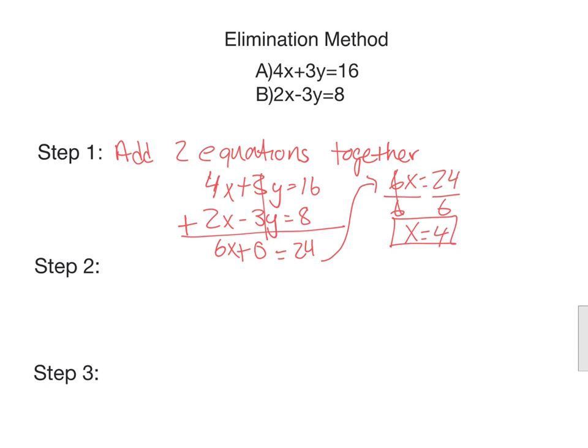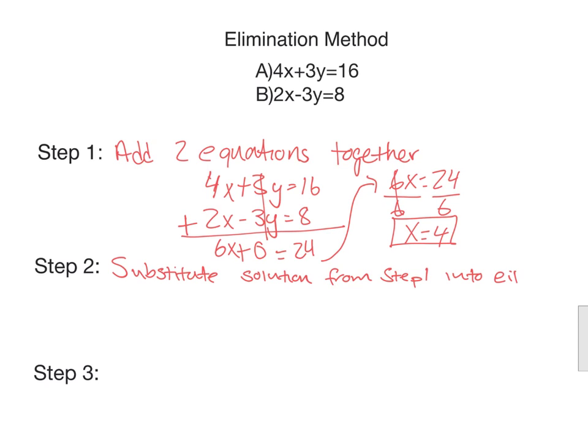So now the second step, is it going to be to plug something in? You think? Or to substitute? Oh. Okay, so substitute the solution from step 1 into, does it matter which equation? Does it? Okay.